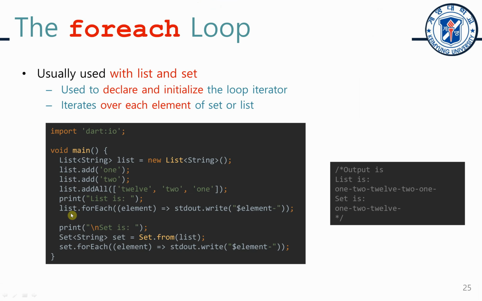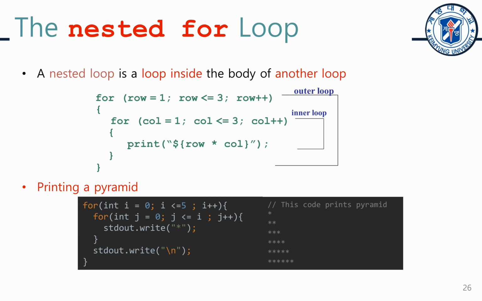Another way of using the for statement is to use it with a nested for loop. Similar to the nested if, we can use the nested for loop to iterate over two loop statements.